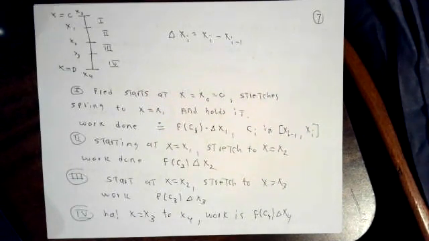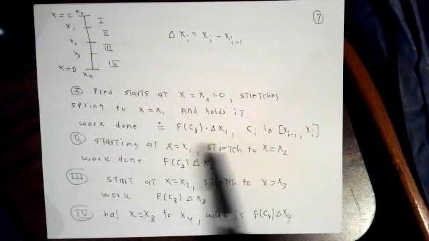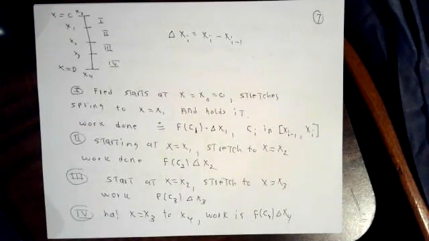Now you can imagine Fred stretching the spring from x equals 0 to x equals x1 and then holding it. The amount of work that Fred's done is this f of c1 times delta x1. For Fred to hold the spring at that displacement costs no more work, as we've just seen a moment ago. So then I'm going to start at x equals x1 and stretch to x equals x2.